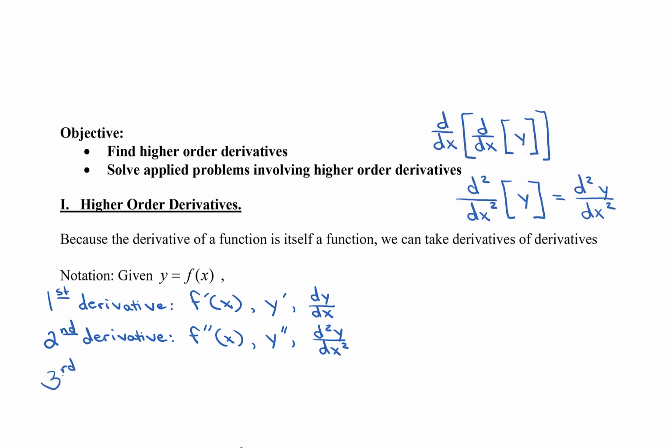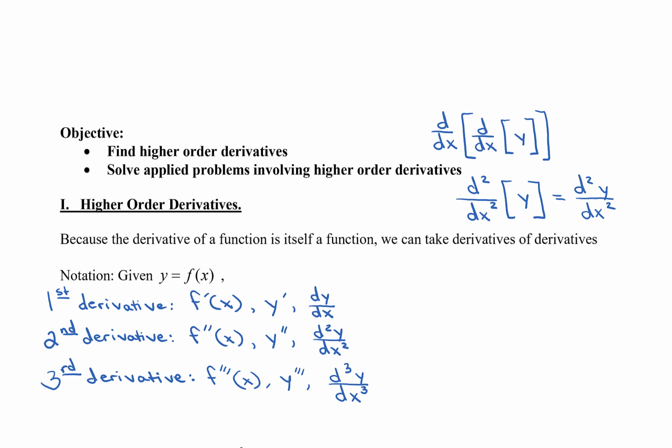And similarly, for our third derivative, we can write the third derivative of f of x, or we can also write f triple prime of x, comma, which can also be written as y triple prime, comma, which can also be written as d cubed y over dx cubed.